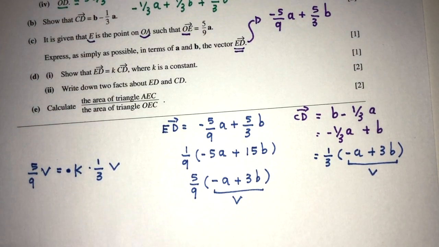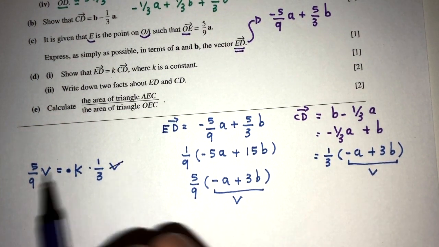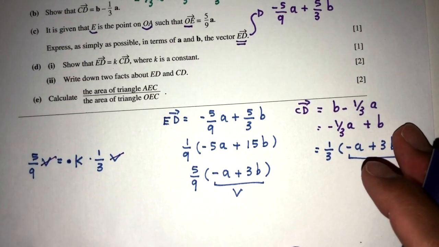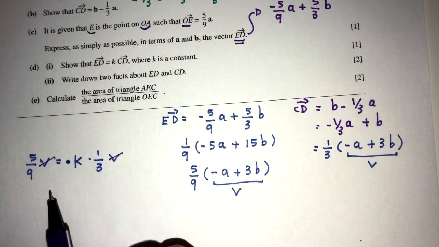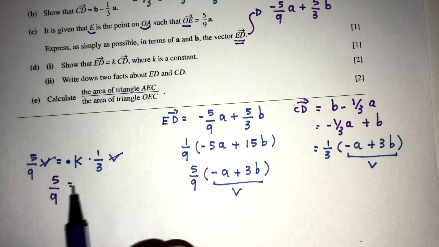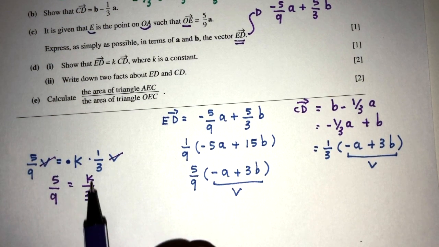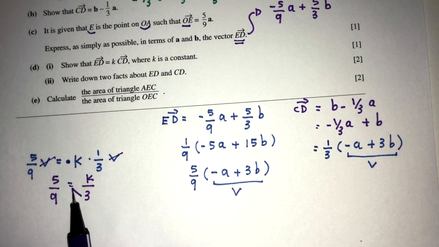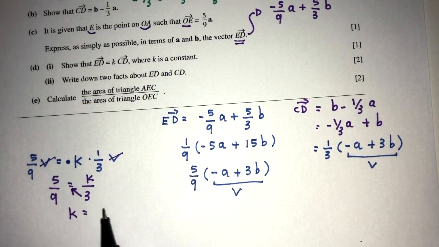Now first thing first, we can cancel out the value of V, right? They are the same on both sides. Now we need to find the value of K. So right now we have 5 over 9 equal to K over 3. To find K, we can just cross multiply, send this over here. K will be 3 times 5 over 9. That will be 5 over 3.